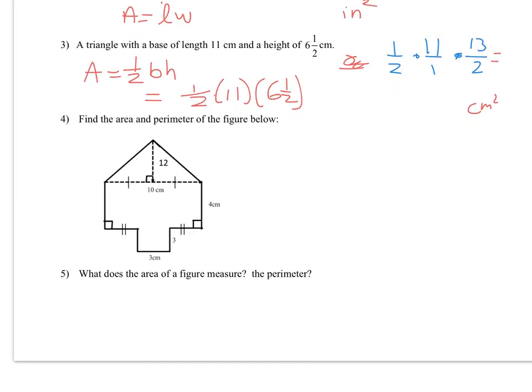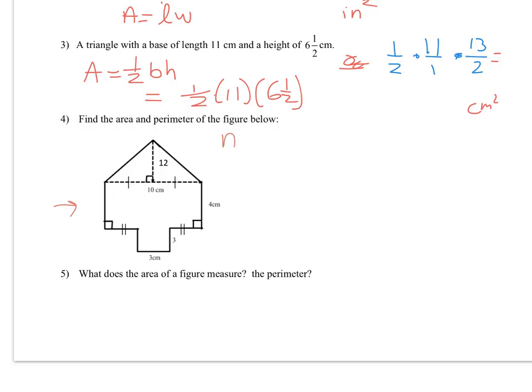For the next figure, I'm going to have to divide this figure up into different shapes. I can do the triangle on top, and then there's a couple of ways you can do this odd-shaped figure on the bottom.